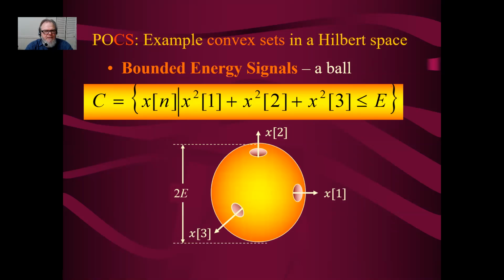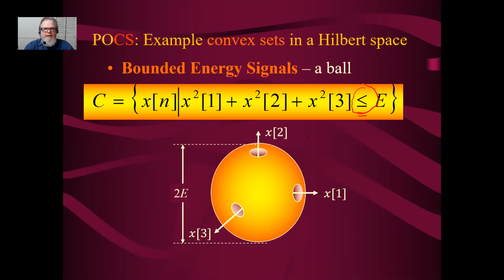And you can see this ball that I've written is generated for the equality here. So that's the surface of the ball. But anything inside the set is also bounded by this less than or equal to. So this one is just geometrically obvious since we have a sphere, right? So that corresponds to a convex set.